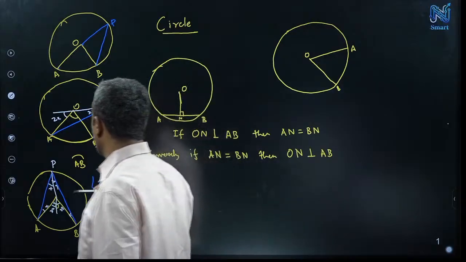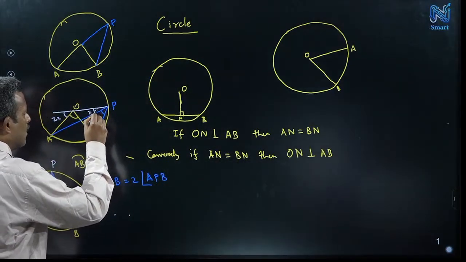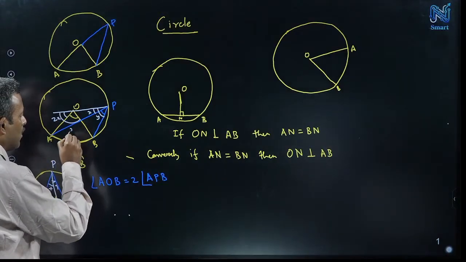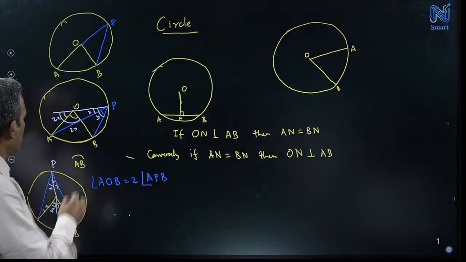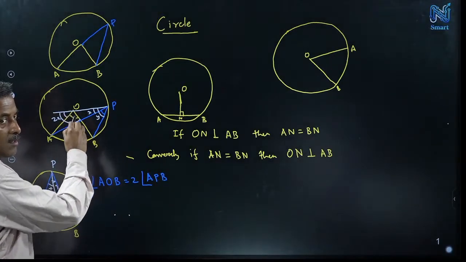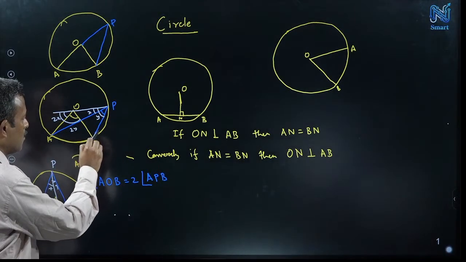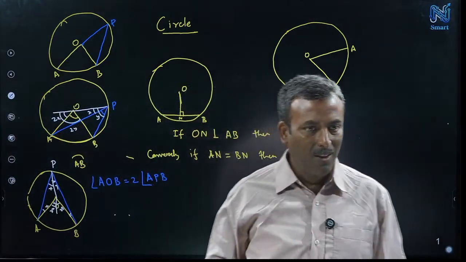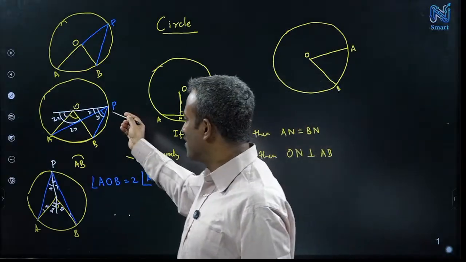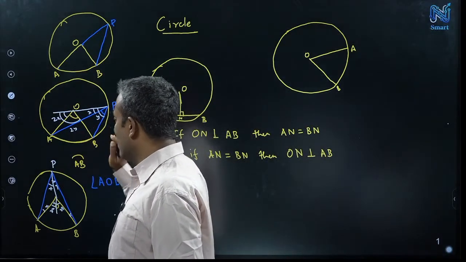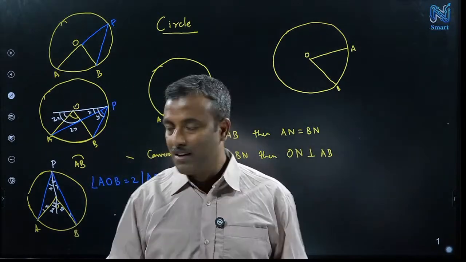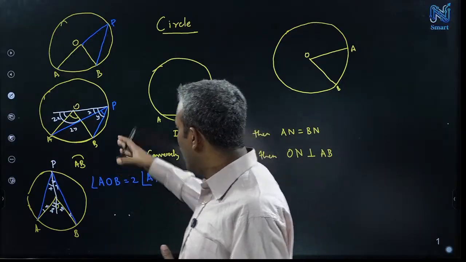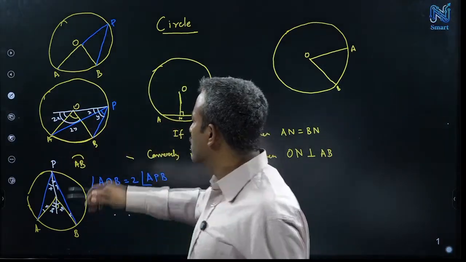In this situation, this is x, y, the whole thing. So this is 2y. Now in this triangle, this is y, this is also y, so this is 2y. Now you have to take the difference. 2y minus 2x is equal to, here APB is y minus x, and AOB is just twice y minus x.